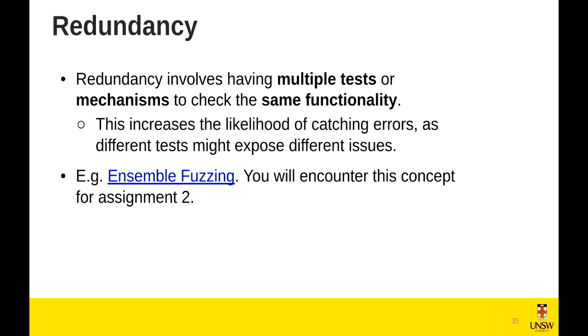And the idea of ensemble fuzzing, in short, is just to orchestrate multiple fuzzing techniques to make them work together, so that they could complement each other and expose the errors that a single technique couldn't.